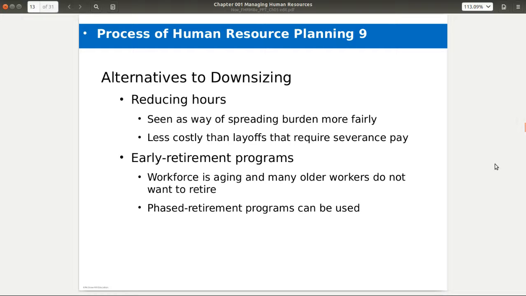Some of the alternatives to downsizing are things like reducing hours. When I was at the pharmaceutical company, at one point they were about to have a blockbuster drug coming out. They needed a lot of cash and to keep that cash going while it was going through approvals through the FDA.